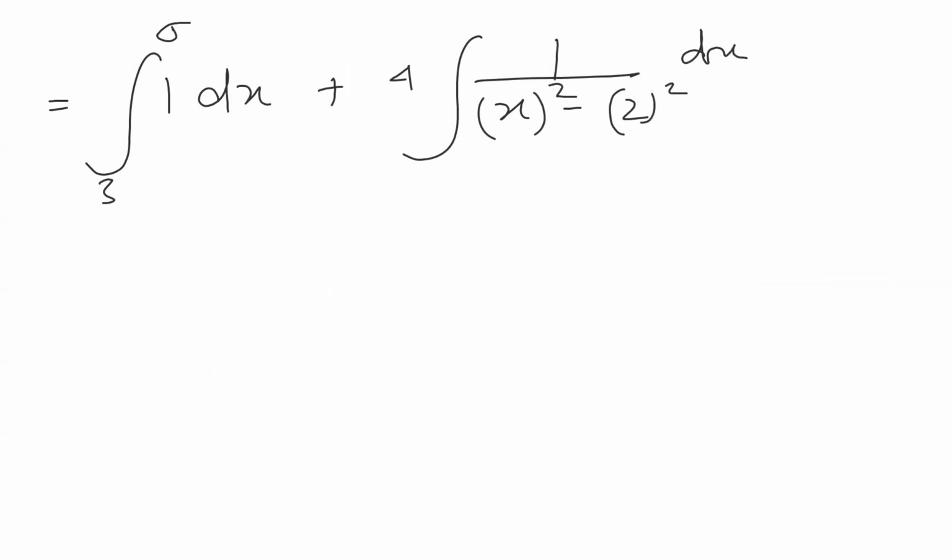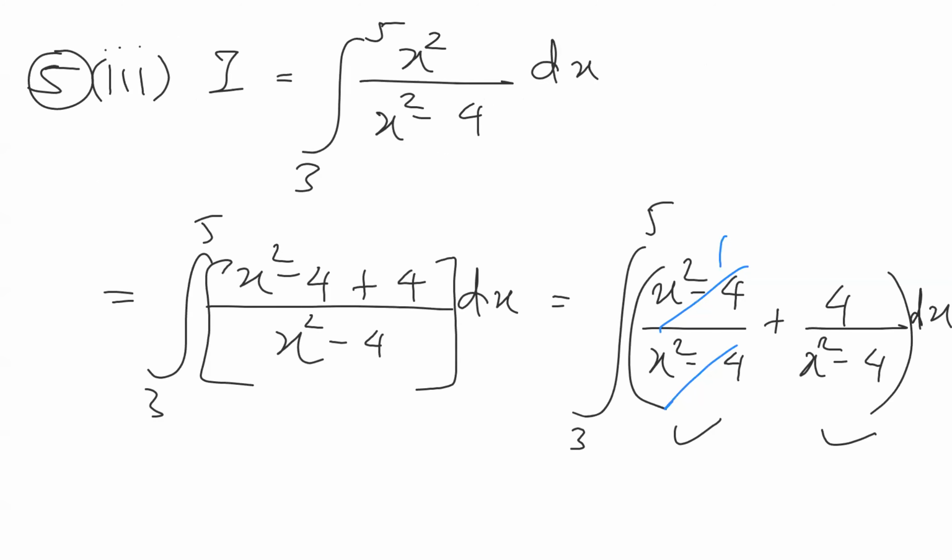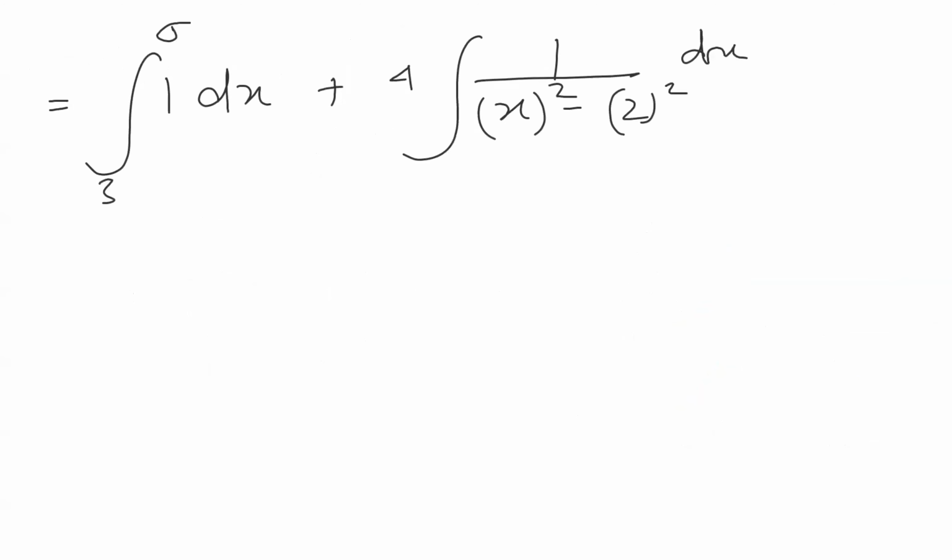If you look at the second term, this 4 I'm writing as 2 square. So 1 upon 2a into log of x minus a upon x plus a. It will be only one time log. Yes, same thing, but your formula was almost right. Good.